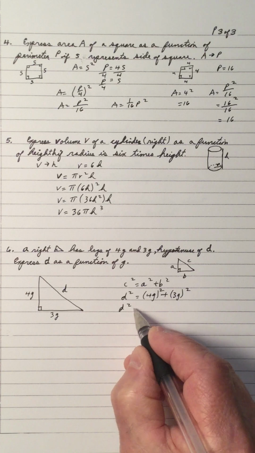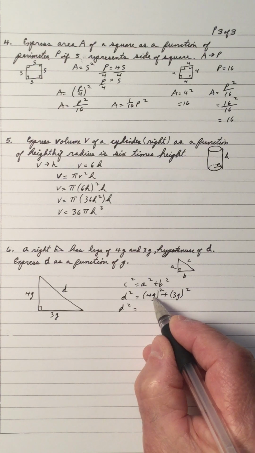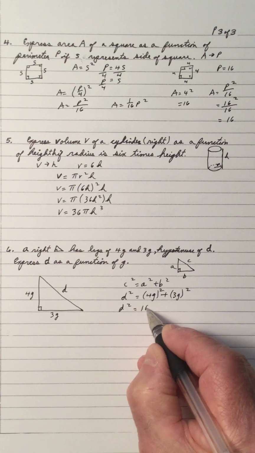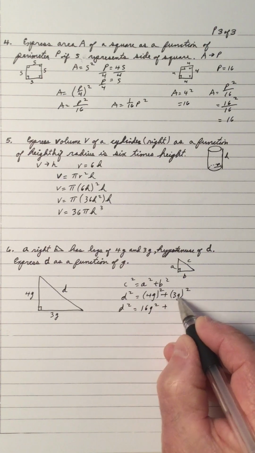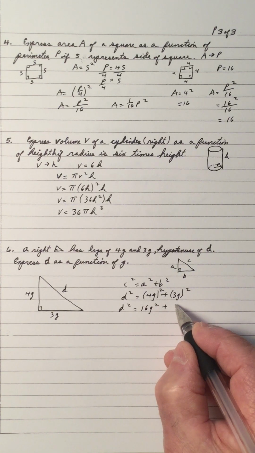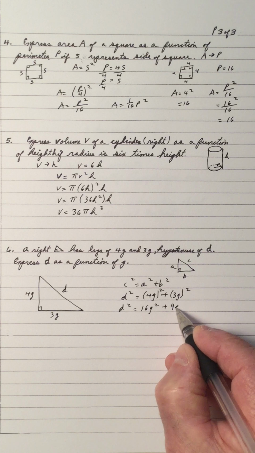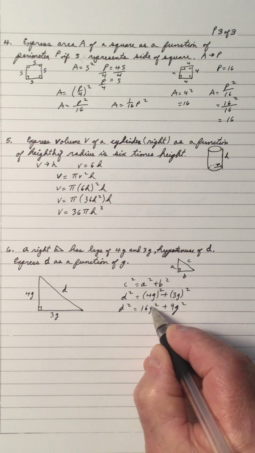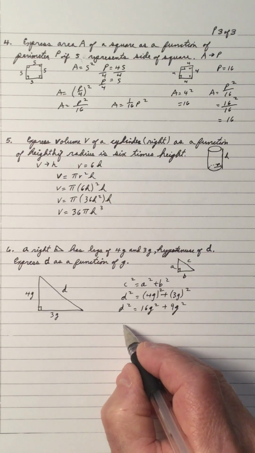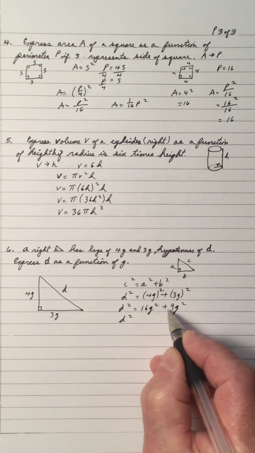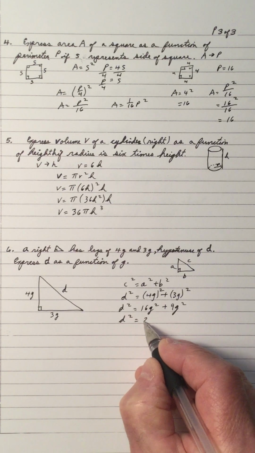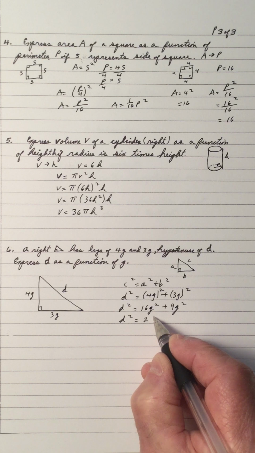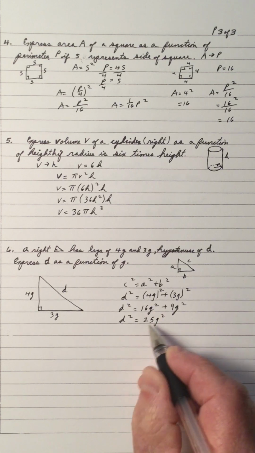So d squared is equal to 4g squared, which is 16g squared, plus 3g squared, 3g times 3g is 9g squared. So that gives us d squared. These are like terms, so 9 and 16 is 25g squared.